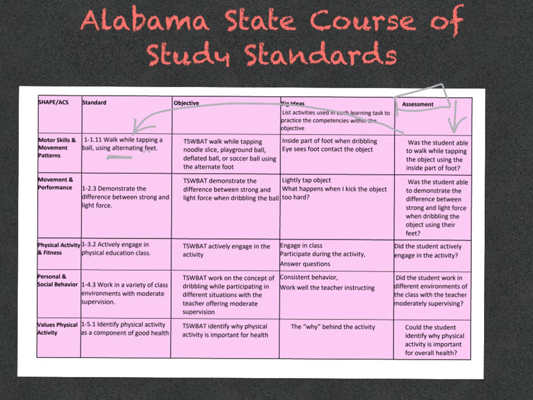The standard is walk while tapping the ball with alternating feet. Was the student able to walk while tapping the ball with the inside of the foot? This is basically asking questions to find out if the student is doing that. We will get into much more detailed questions and assessment tools and checklists and rubrics for this.